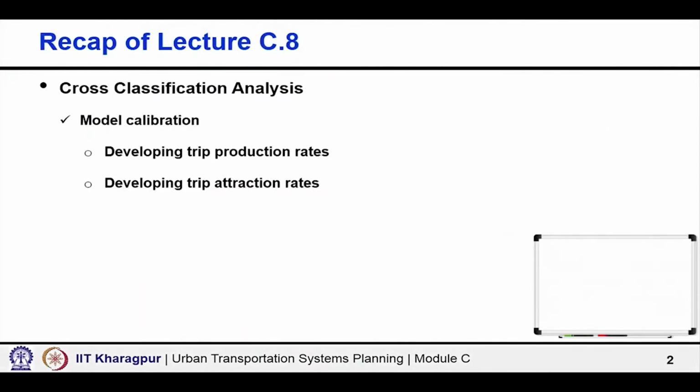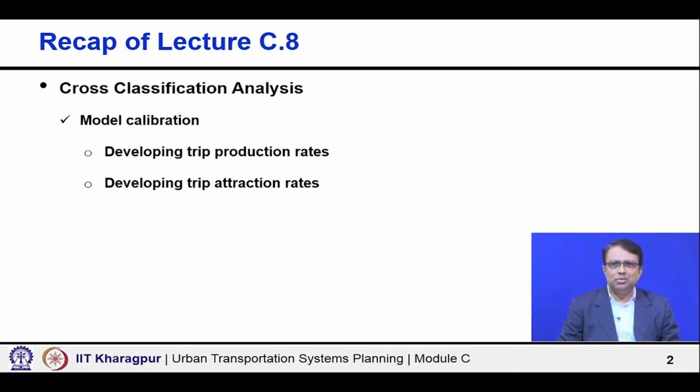In Lecture 7, we introduced cross classification analysis, what we do, and what the fundamental assumptions are. Then in Lecture 7 we also covered the structure of trip generation, production and attraction separately, and what the model structure would be.